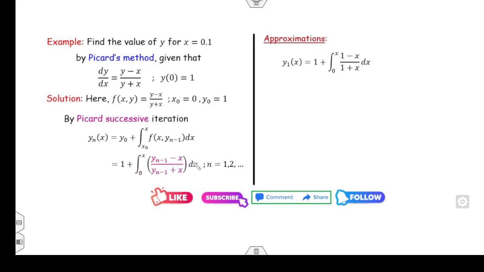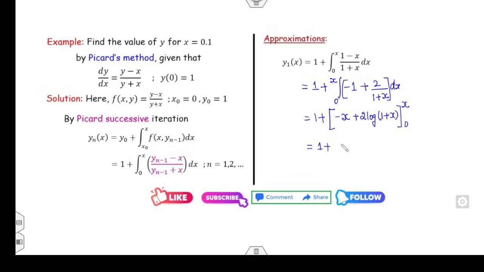Fine. How can you integrate them? Because the degree of the numerator and denominator are the same, in order to find the integration I have to simplify the expression. So I can write it as minus 1 plus 2 over 1 plus x. Now you can integrate them. It is 1, then minus x plus twice log of 1 plus x from 0 to x.